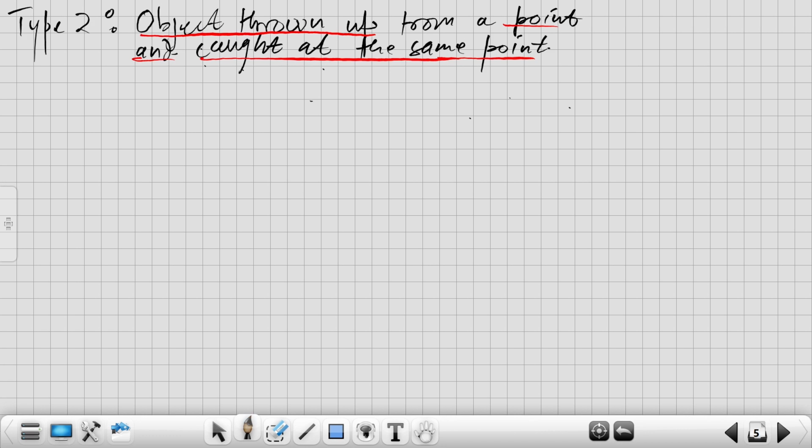So what do we need to do? Let's have a scenario where we are able to say, this is my object. It is starting here, moving up, and then eventually, let me draw nicely, it is moving up and then eventually comes down to the starting position again. So let's just have our starting position there.